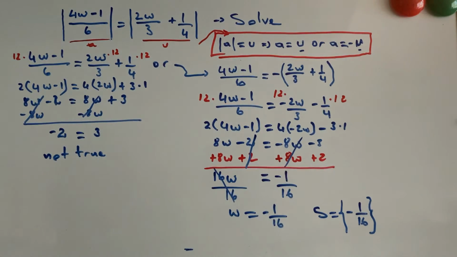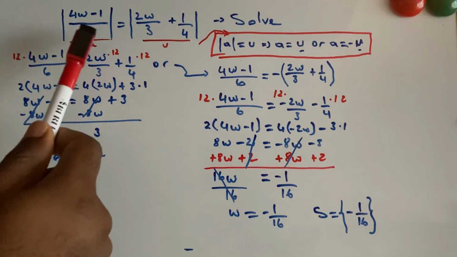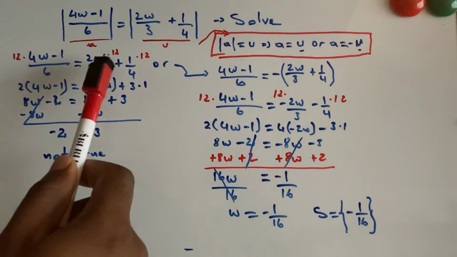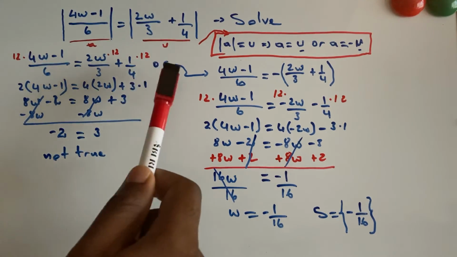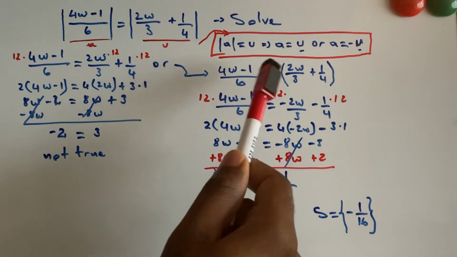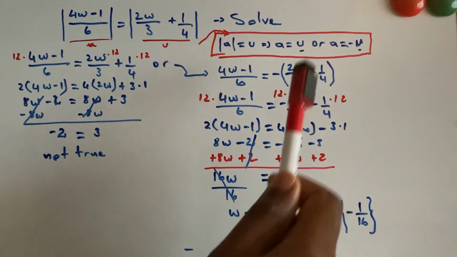So if you have the absolute value of a equals u, what that means is that a is equal to u, or a is equal to negative u. Okay, so that's one or the other. Then you solve each one. So what I did, I put 4w minus 1 over 6 equals positive 2w over 3 plus 1 over 4, or 4w minus 1 over 6 equals negative 2w over 3 plus 1 over 4.